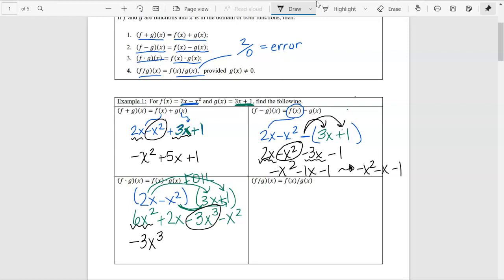I can combine my 6x squared minus my 1x squared. And 6x squared take away 1x squared would be a positive 5x squared. And then I've got this plus 2x that I can put down. So there's my multiplication. So this one's asking us to divide these.